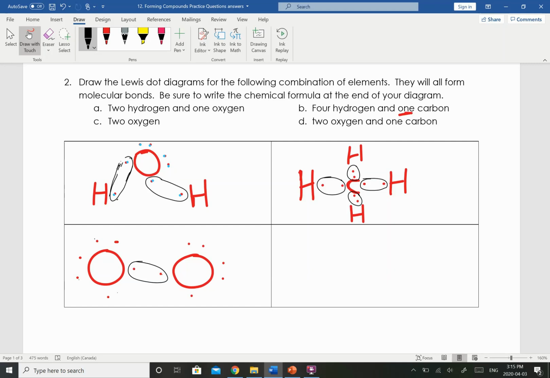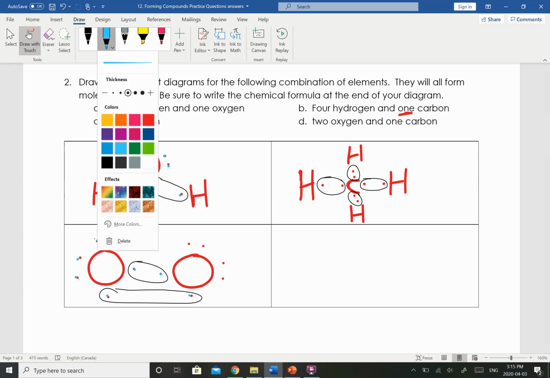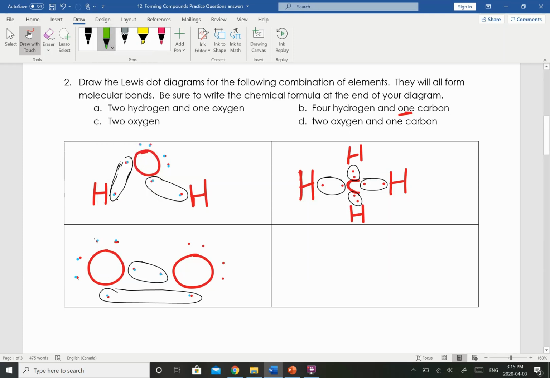That's not enough, so we have to pair another one up. So now, if we go around, each oxygen will see 1, 2, 3, 4, 5, 6, 7, 8, and the other oxygen will see 1, 2, 3, 4, 5, 6, 7, 8. Remember, the ones in the circles are shared by both, so both oxygens are happy.